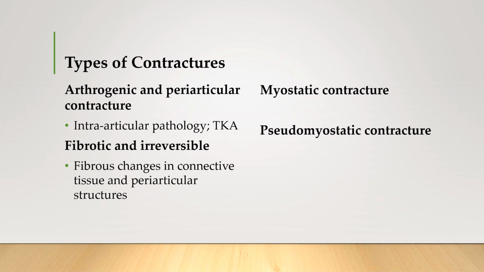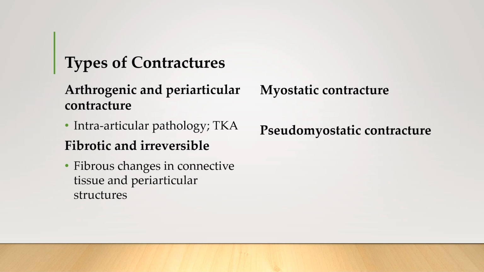Then we go to fibrotic and irreversible contractures. Basically, this is a fibrous change in the connective tissue of muscle and periarticular structures that is going to limit elasticity, possibly create adhesions between joints, and result in that fibrotic contracture.